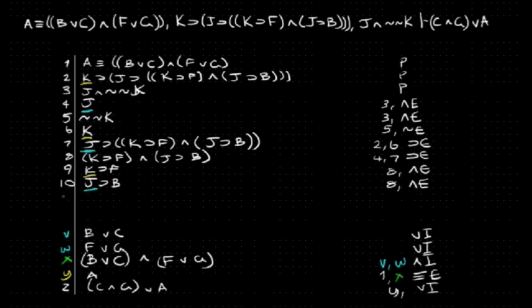So let's just go ahead and do that. On line 11 we'll have F, and that's going to have come from 6 and 9, and a conditional elimination. And on line 12 we'll have B, and that's going to have come from 4 and 10. So 4 is J, 10 is J then B, 4 and 10, and again it's a conditional elimination.